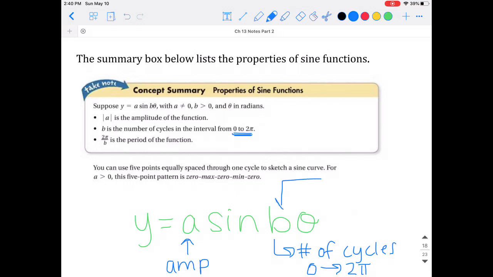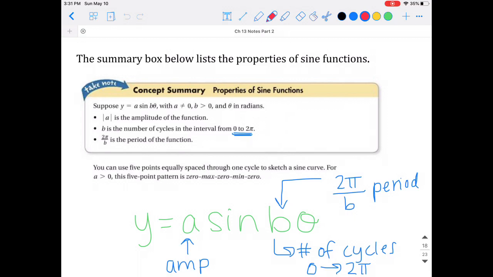So to figure out your period, just like we did in the previous example, you have to do 2 pi over b to get your period. Because 2 pi is the range, the interval that we're talking about, divided by the number of cycles gives you the period.